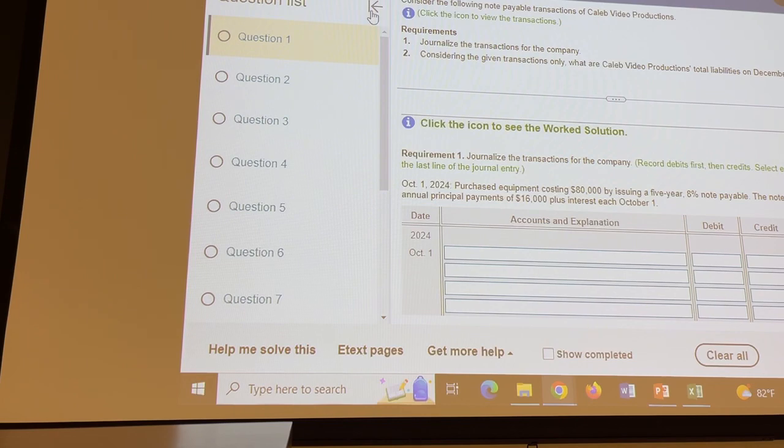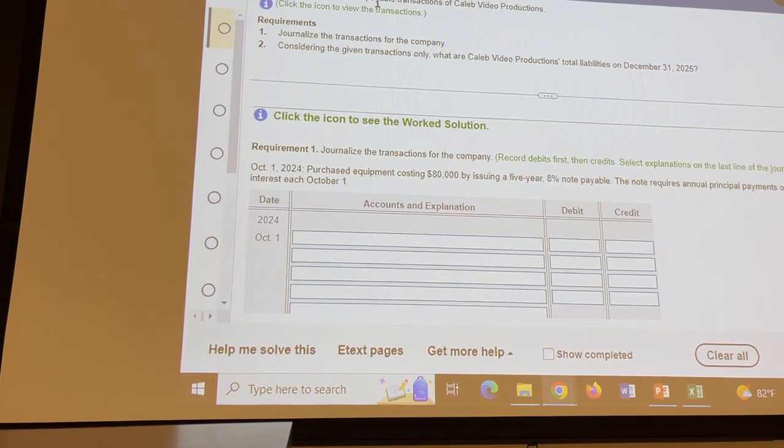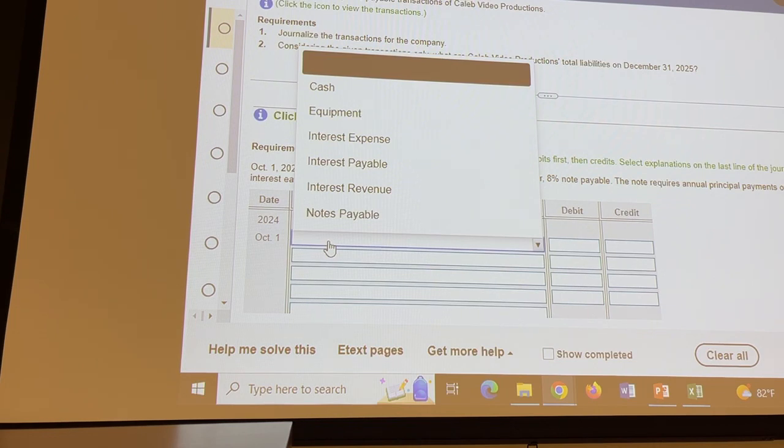First problem here is just one on notes payable. So for the first journal entry, it says they purchased equipment costing $80,000 by issuing a 5-year 8% note payable. So they're not getting cash, instead they're getting equipment.